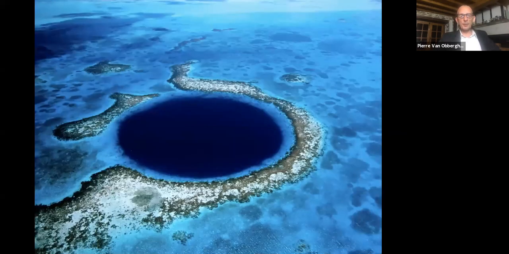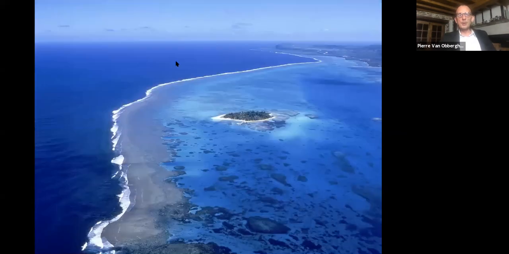And the second place where you will find deep blue is when you go a little bit farther away into the ocean, you will see the turquoise change to deep blue. And this is one of the main meanings of deep blue: depthness. It's a very, very deep color.